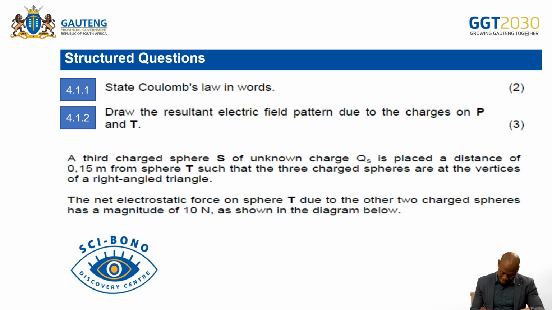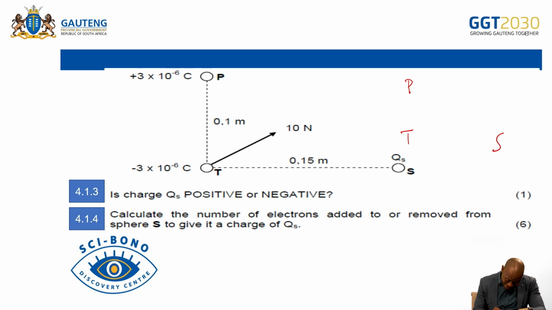Let's go back. The net electrostatic force on sphere T due to the other two charge spheres. So the net electrostatic force is on T. So T is negative. Okay?